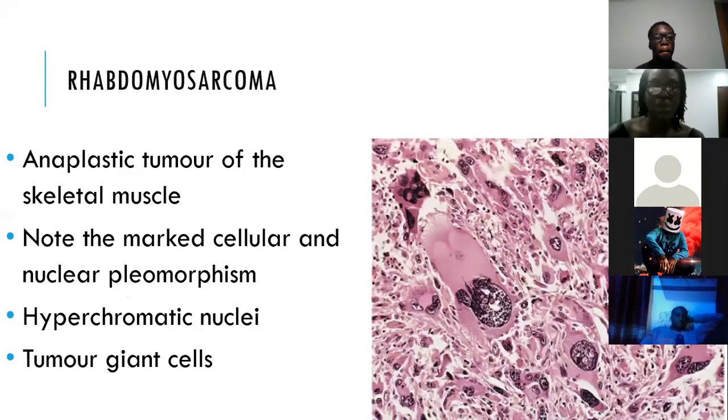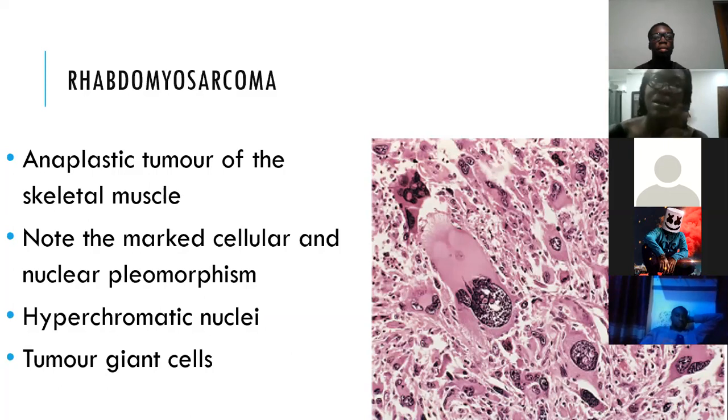So this is a rhabdomyosarcoma. If you look at the various cells on this slide, you see that even the sizes are different. And if you look at the cytoplasms, they are also different. So for a malignant tumor, the cells are poorly differentiated and they are of varying size.